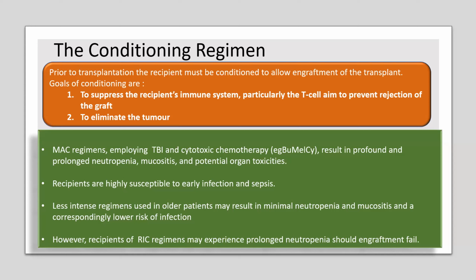Now, the conditioning regimen: why do we need to condition a patient? It's to allow for engraftment. The goal of conditioning is to suppress the recipient's immune system, particularly the T cells, to prevent rejection of the graft. The other goal is to eliminate the tumor. Myeloablative regimens, and those employing total body radiation and cytotoxic chemotherapies, for example busulfan and melphalan, result in profound, prolonged neutropenia, and can cause mucositis and potential organ toxicities.